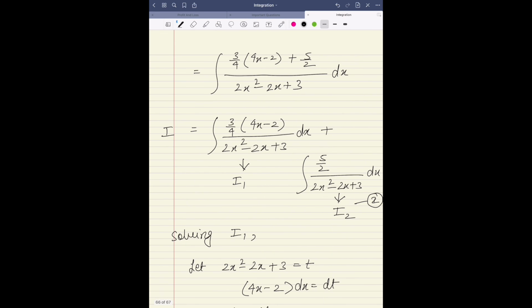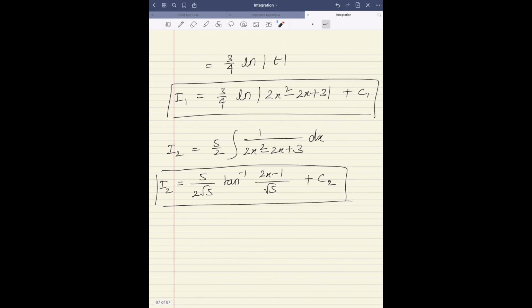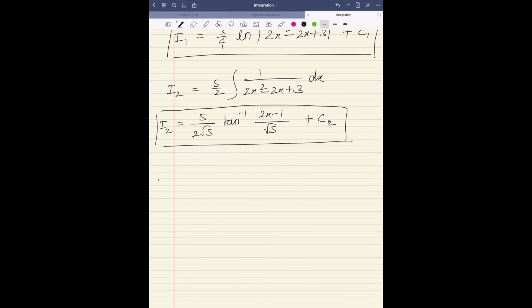Once you get both of these, you go back and put it in equation 2 because we have to write ultimately I as the answer. So we will get I1 plus I2, where you simply copy and paste your values of I1 and I2. 2x square minus 2x plus 3 plus 5 upon 2 root 5 tan inverse 2x minus 1 upon root 5 plus c.